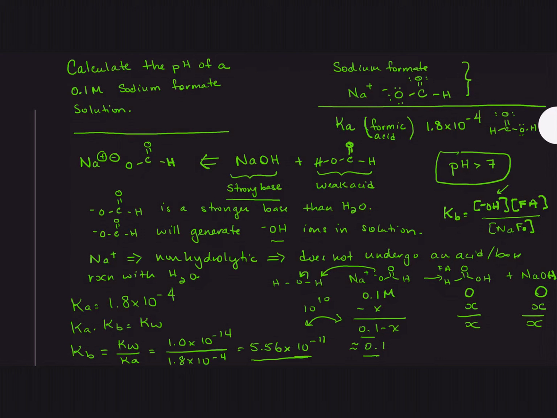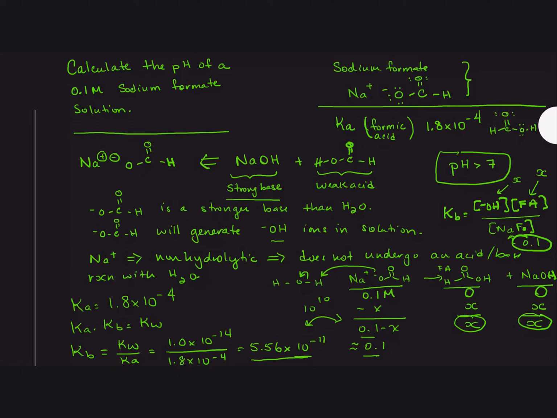Okay, so therefore at equilibrium we have X and X. Notice, given it's 1 to 1 to 1, we have the same concentration of formic acid and sodium hydroxide at equilibrium. And this value is 0.1. We're assuming that it's roughly 0.1 instead of 0.1 minus X because of the negligible dissociation.